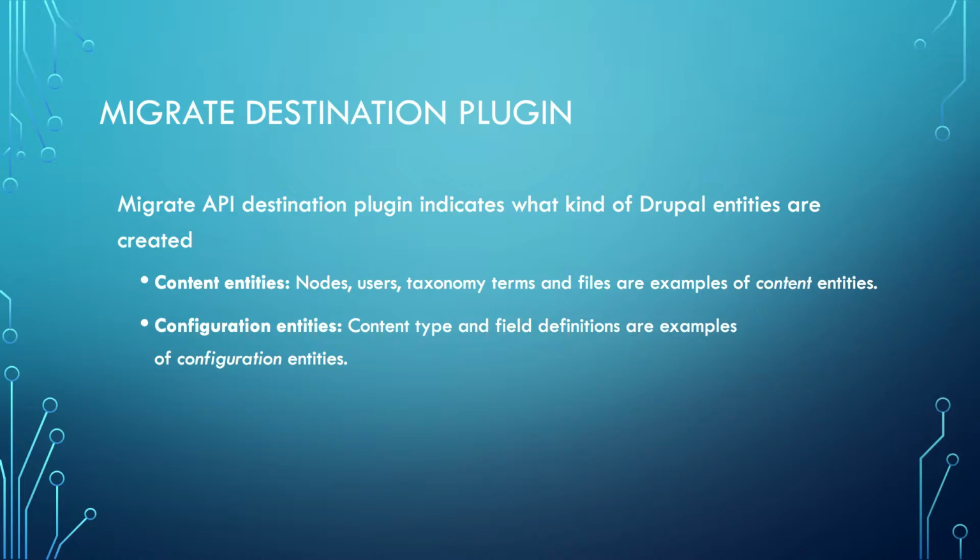In the destination plugin, the typical YAML file will say destination: entity:node, or entity:taxonomy. That's a typical format I'll pinpoint in the code. That's where you are saving as a particular type of entity, so you have to specify that in the destination plugin.